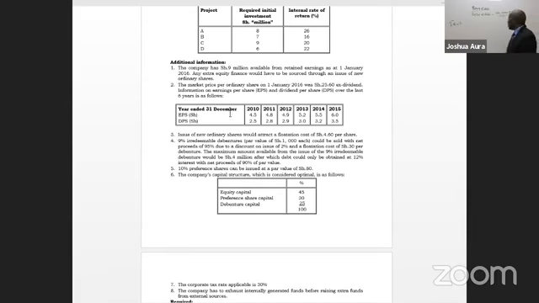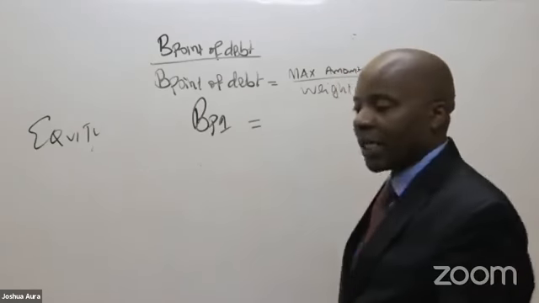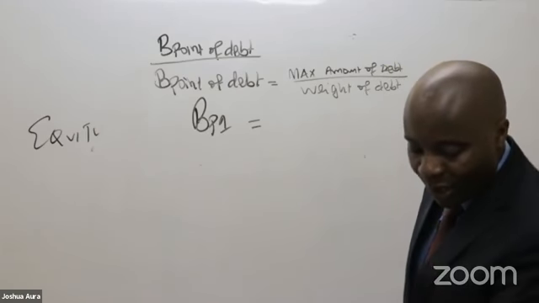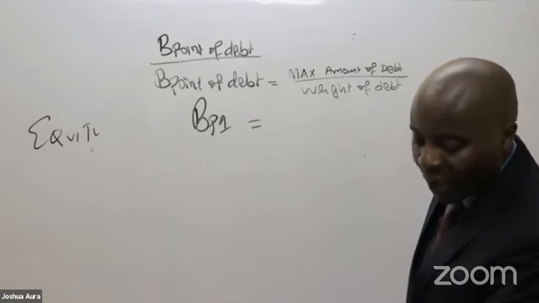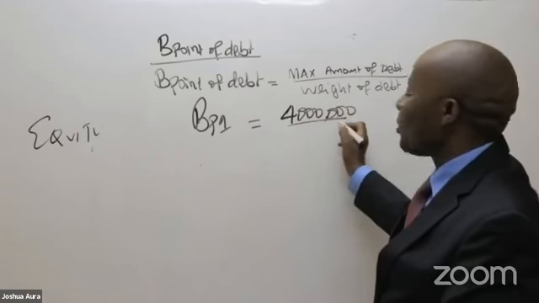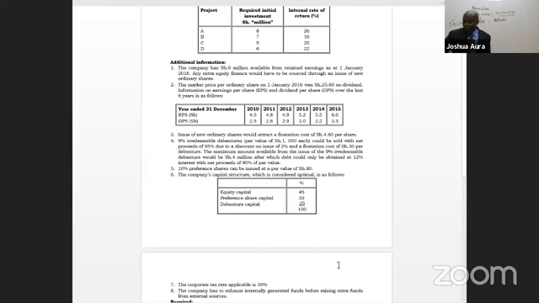So, ladies and gentlemen, here we are. We are talking of breakpoint 1. Breakpoint 1 will be equal to the maximum amount. The maximum amount that I'll be able to get out of this is 4 million. Divide this by the weight of debt. If you could take me to the question, the weight of debt is this 25%.